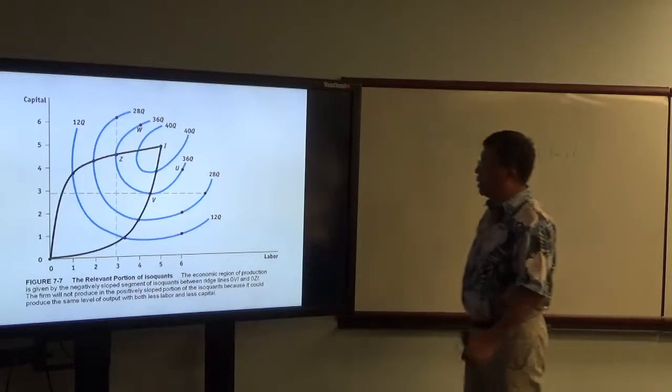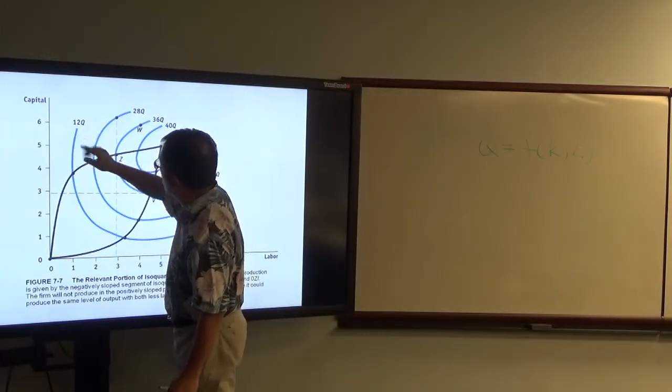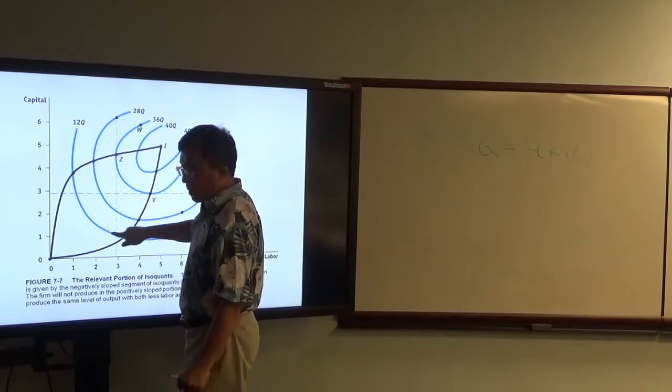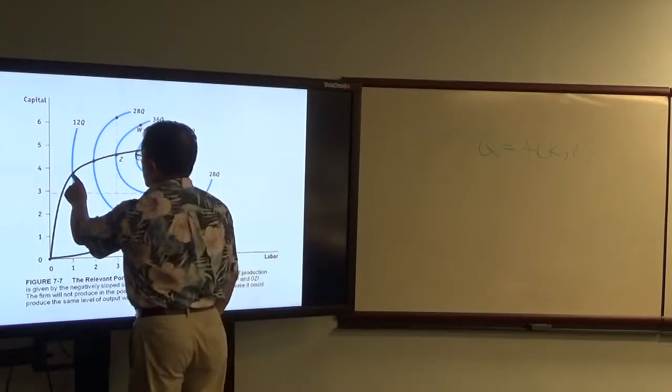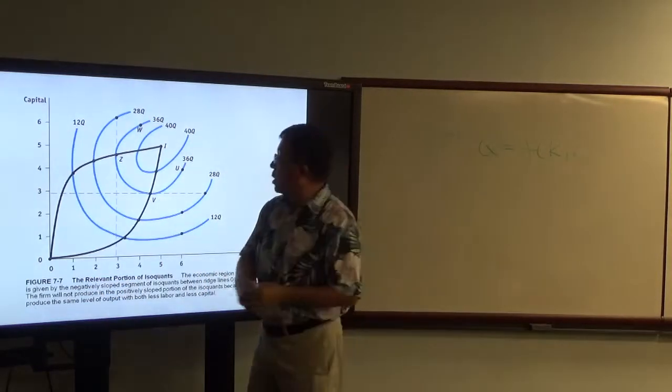But probably you will not use this portion. Now, what is this isoquant? Any combination of capital and labor will give us a level of output of 12. But you will not use this portion.